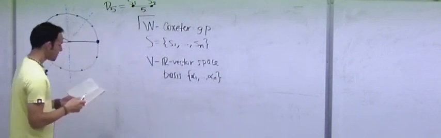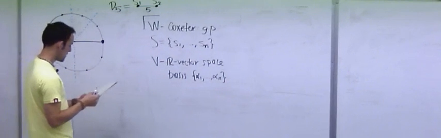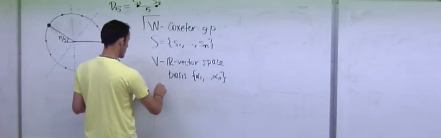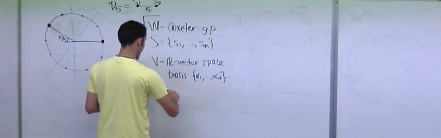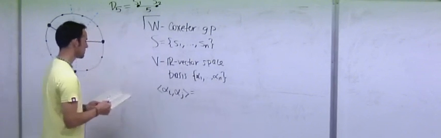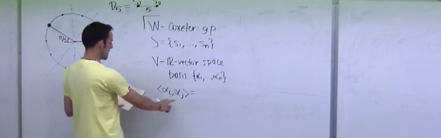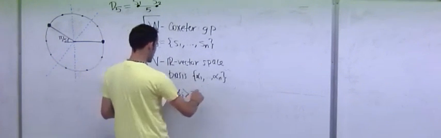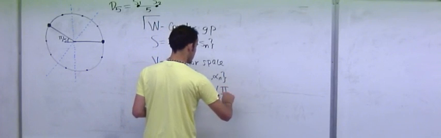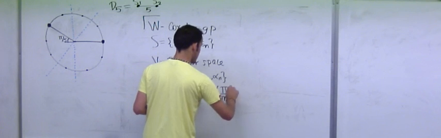Okay. And then I put an inner product, a bilinear form, that I defined by alpha i and alpha j to be equal to minus cosine of pi over mij. Okay.